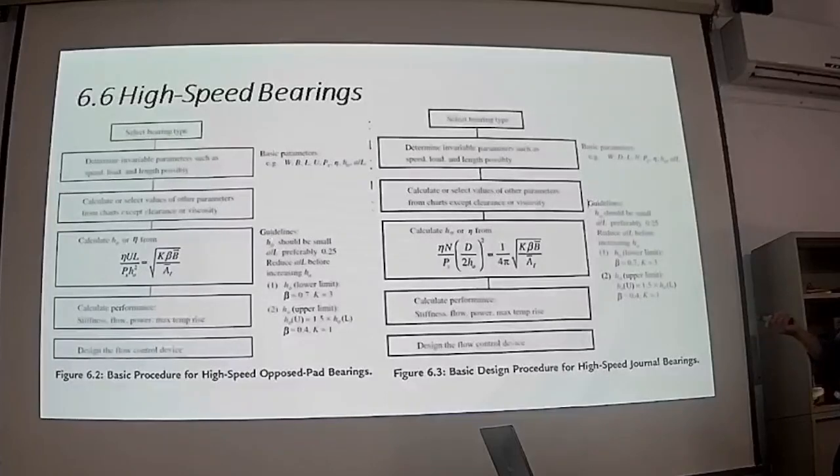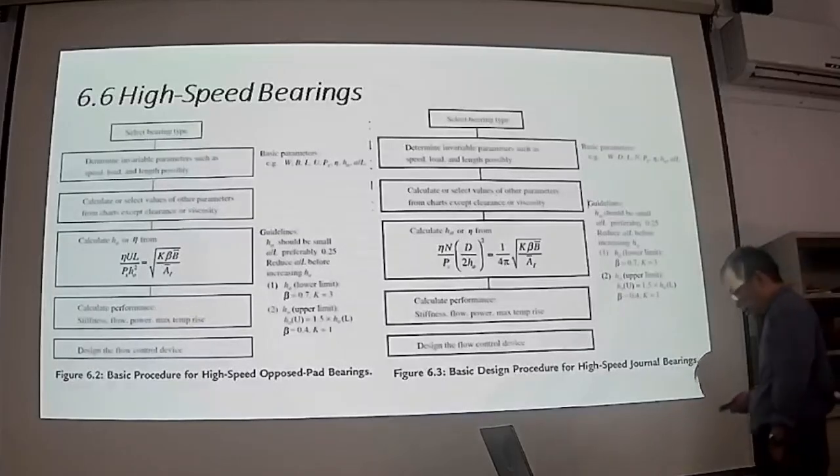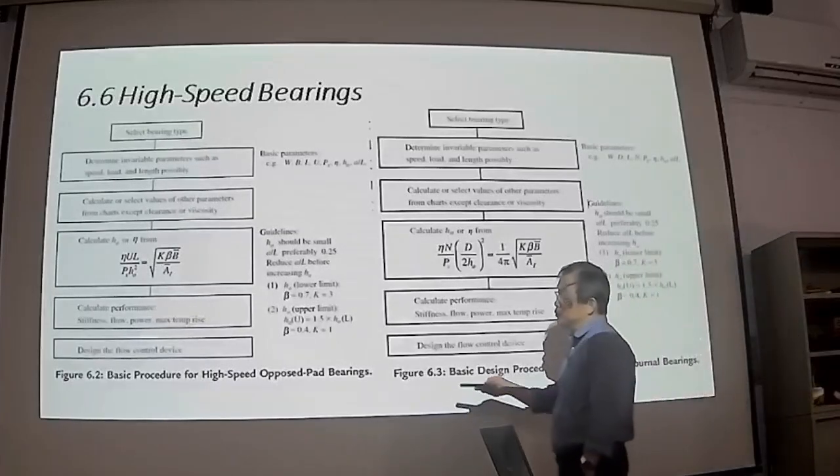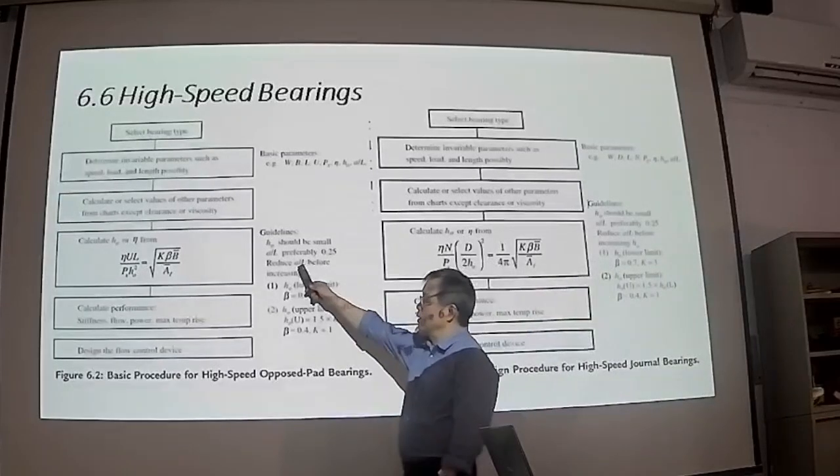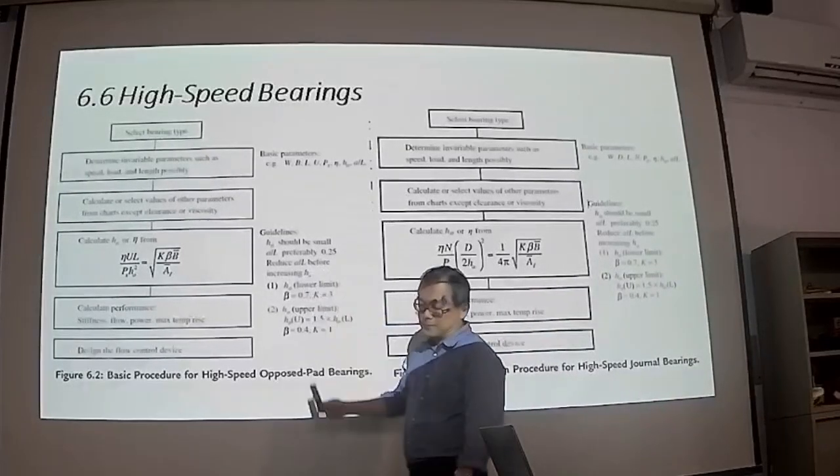Okay. Design film thickness should be small, and length width ratio preferably should be 0.25. Okay. So the strategy is that you can reduce the length width ratio before increasing the film thickness.